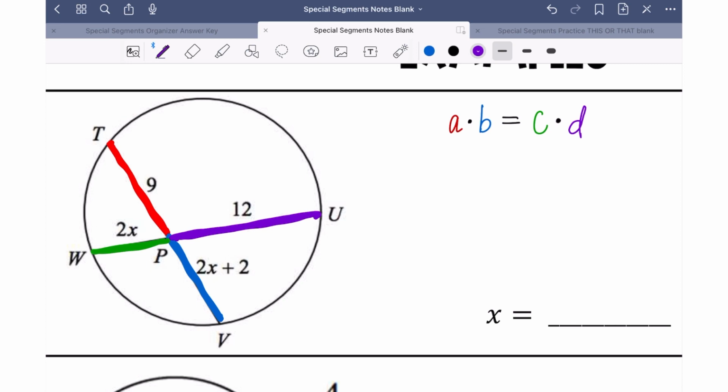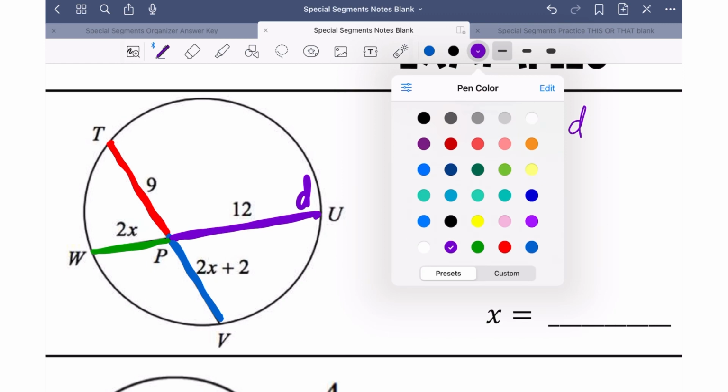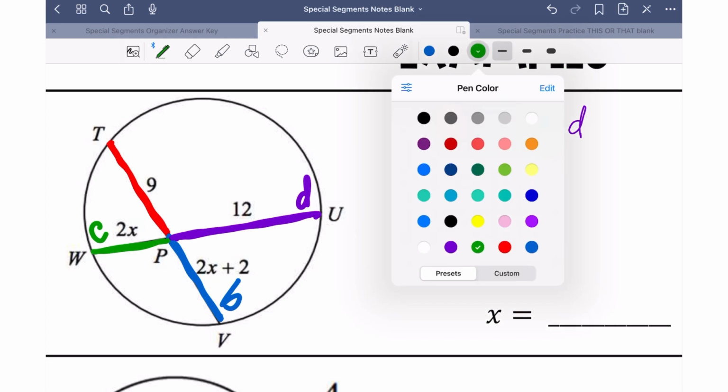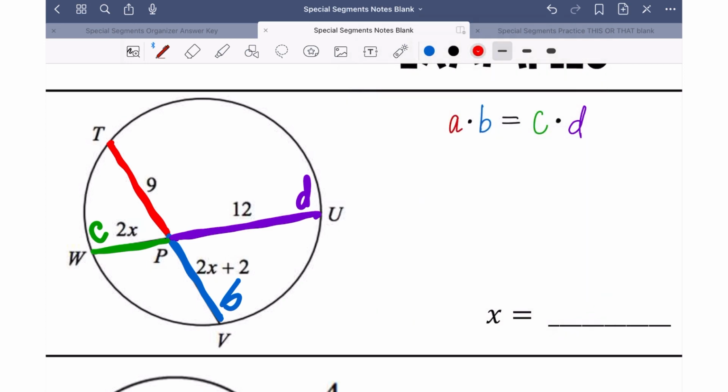If you wanted to take it a step further, you can actually label: this is D, this is C, this is B, and this is A. Do whatever you need to do to help you set up the equation correctly, okay? Remember, we're going to follow it like a recipe.